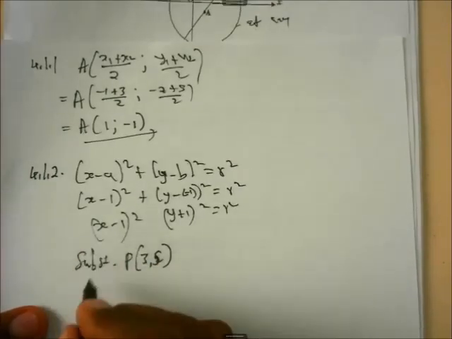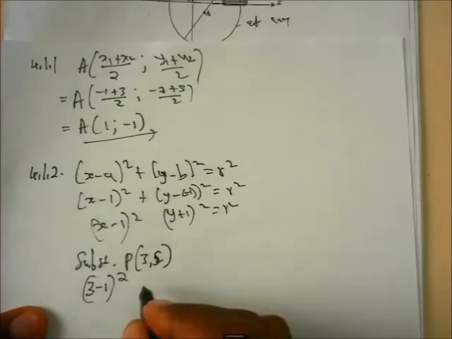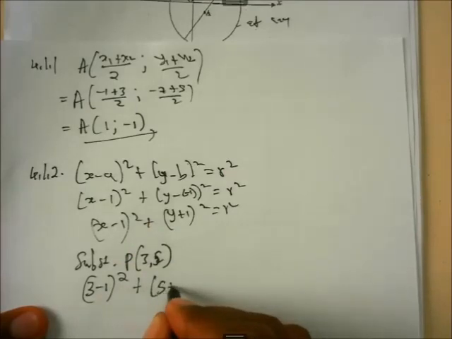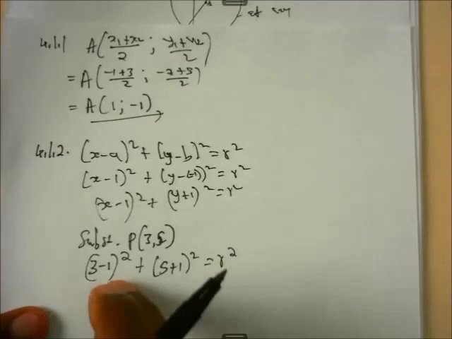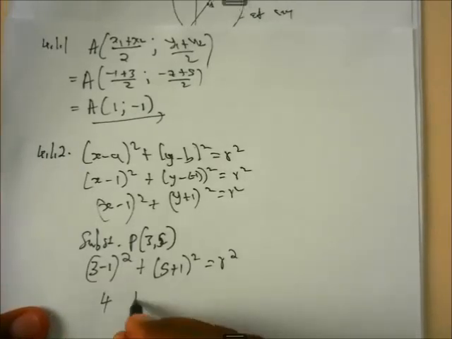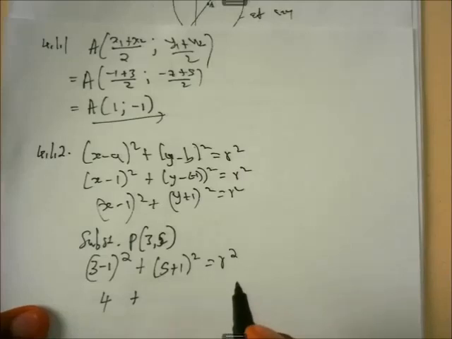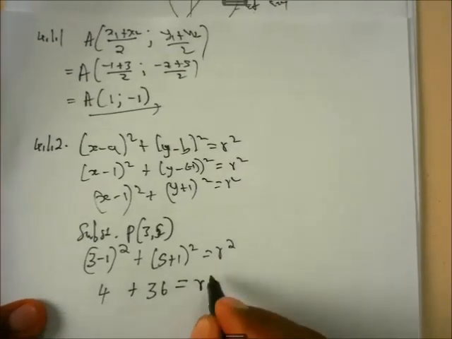Right, x is 3. We're going to have 3 minus 1 all squared plus, then y will be 5 plus 1 all squared is equal to r squared. Now 3 minus 1 is 2. 2 squared is 4. Then plus 5 plus 1 is 6. 6 squared is 36.